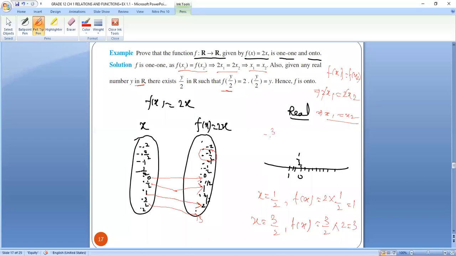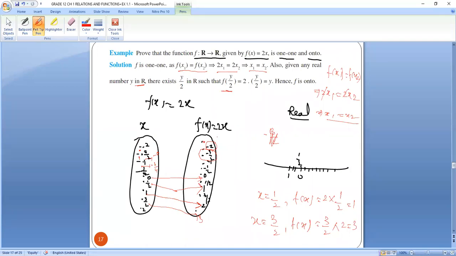Minus 3 by 2 means its pre-image will be minus 3 by 4. Minus 3 by 4 will be lying somewhere, right? Minus 3 by 4 is less than 1, so it will also be a real number, right? So if I want the pre-image of minus 2, it will be there in X.